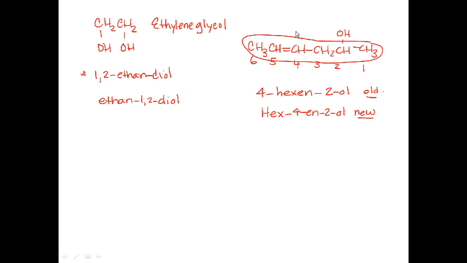So again, either way, the key thing is that because the OH group has precedence or has priority, it comes as the last number next to the ol. So if I'm reading this name, what I'm seeing is a 6-carbon chain with a double bond at carbon 4, or between carbons 4 and 5, and an OH group at carbon 2.